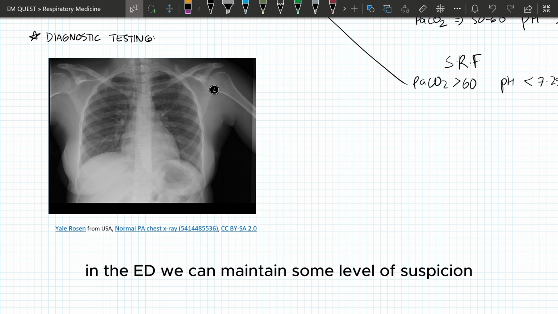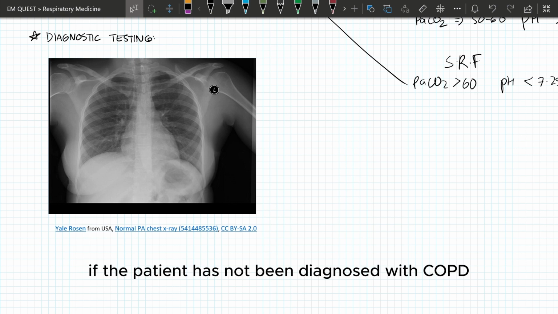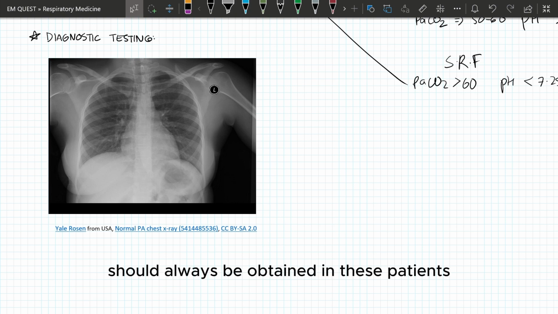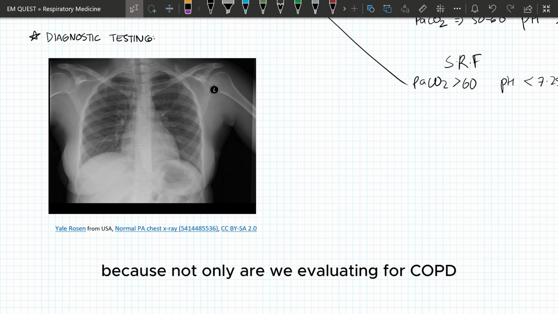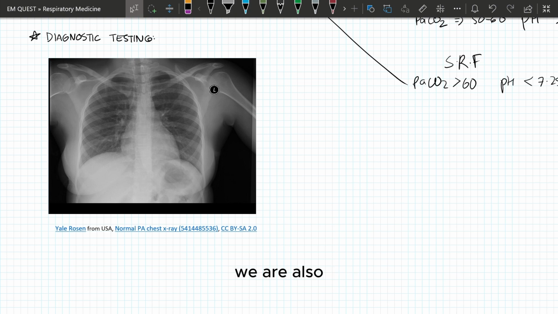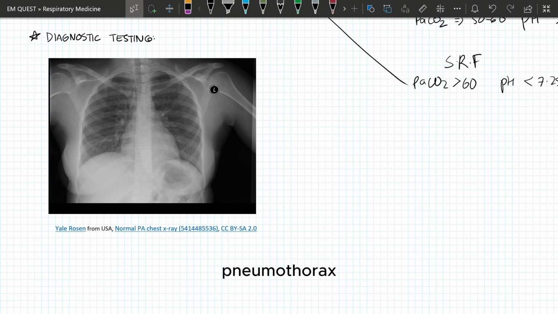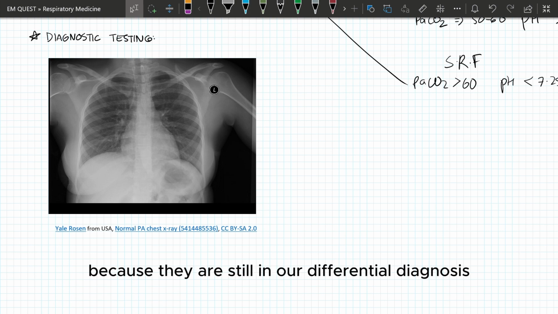In the ED, we can maintain some level of suspicion if the patient has not been diagnosed with COPD but is coming with COPD-like symptoms and with risk factors suggesting it. A chest X-ray should always be obtained in these patients because not only are we evaluating for COPD, we are also ruling out any underlying causes like pneumonia, pneumothorax, PE, atelectasis, malignancy, because they are still in our differential diagnosis.